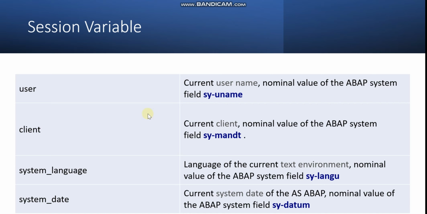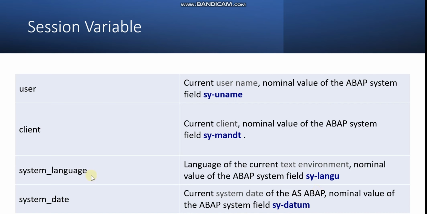Client will have the current client value and this is similar to mandt in our ABAP system. System language will store the current language in the environment and it is equivalent to language in the ABAP system. And system date is equivalent to date and it will store the current system date.